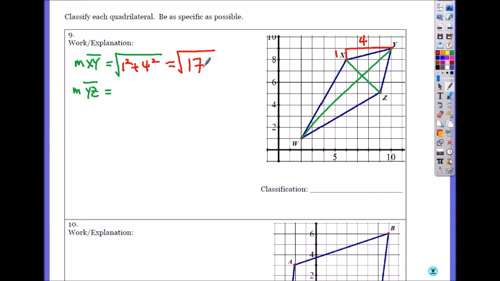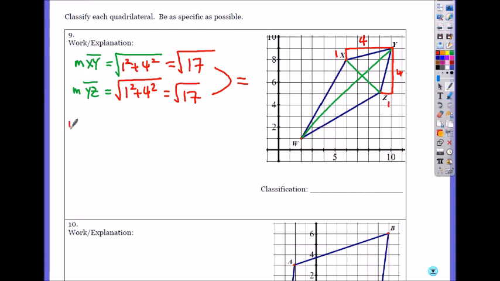Can I just leave it as square root of 17? Yes, because we are just comparing if they're equal or not. What about YZ? It's 4 and 1, so we already know they're equal, but still show the work: 1 squared plus 4 squared, square root of 17. So these two are the same.